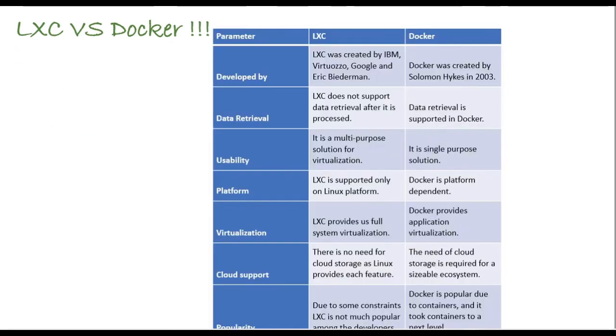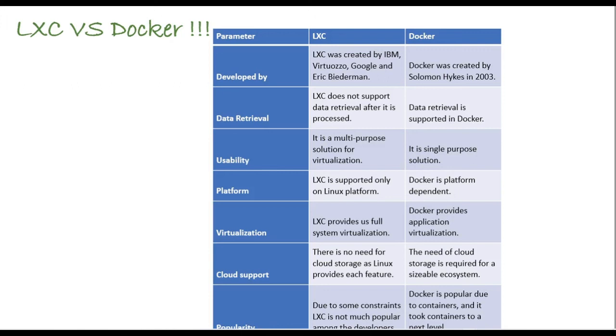So here are some key differences between LXC and Docker. In the data retrieval parameter, LXC does not support data retrieval after it is processed, whereas Docker supports data retrieval. If you talk about usability, LXC is a multi-purpose solution for virtualization, whereas Docker is a single purpose solution.